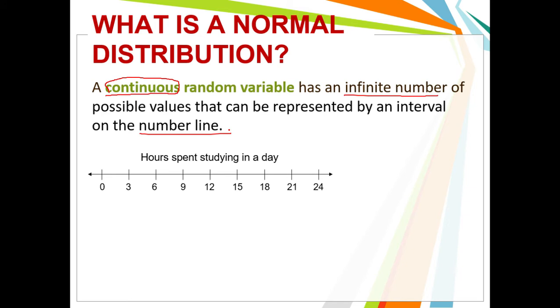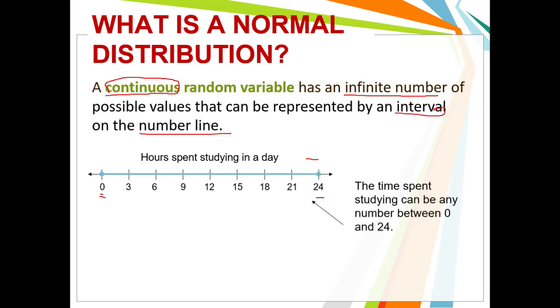Okay? So, specifically, we have an example here. How many hours spent studying in a day? The possible values are from 0, hindi nag-aaral, to 24 hours. Or buong magdamag or buong araw na nag-aaral. So, yung 0 to 24 is an interval na nasa loob ng ating number line. Yung ating number line are negative to positive values.